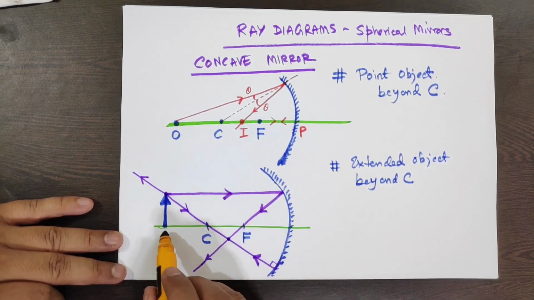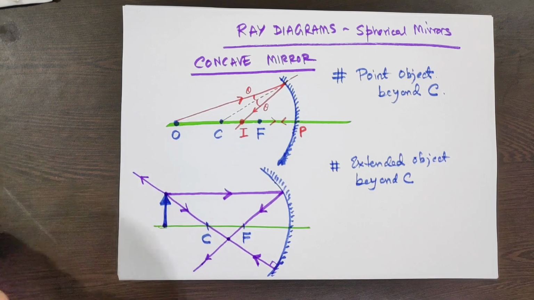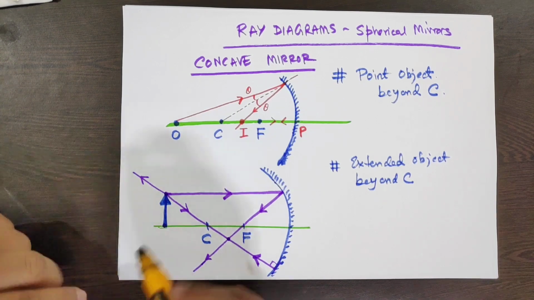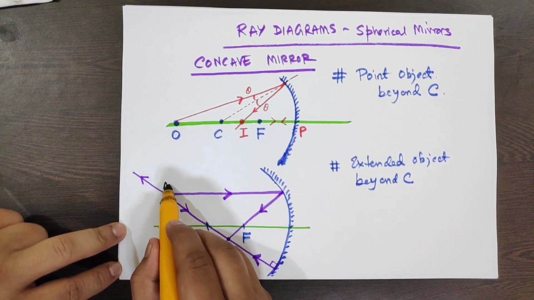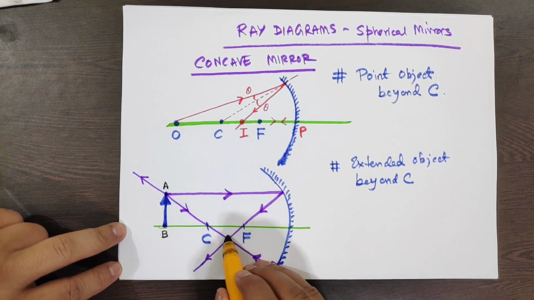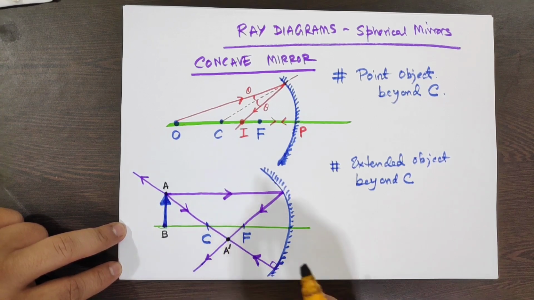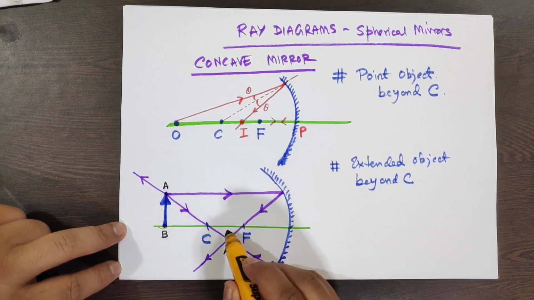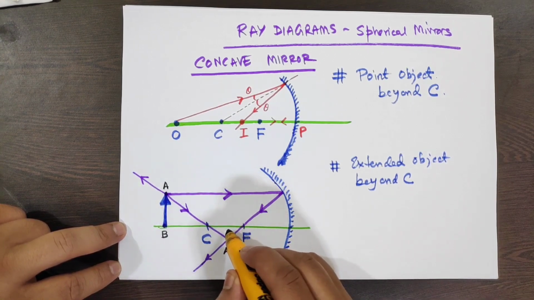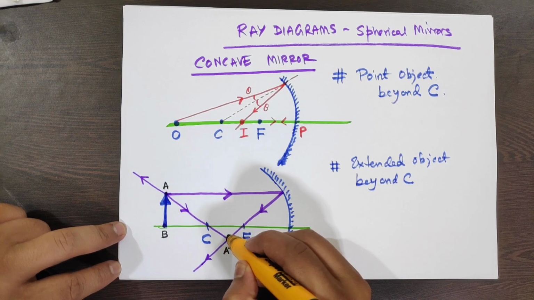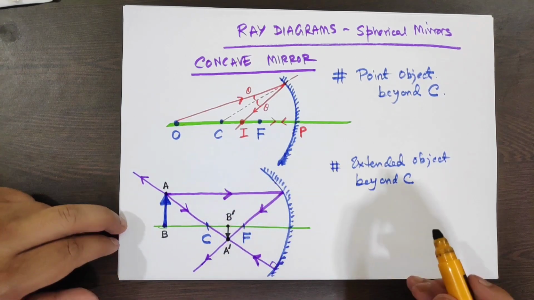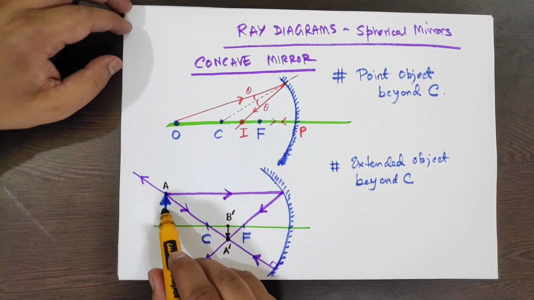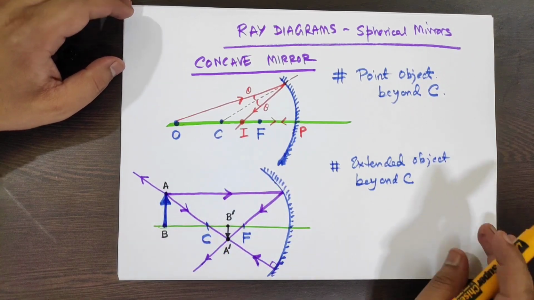And obviously we know for this point, it is join point to point. So this is a point, say A, this is point B. For point A, the image is A dash, A prime, here, and for B, the image is in the same location. See, it will be vertical, so there it is. This is B prime. So for this object, this is the image.